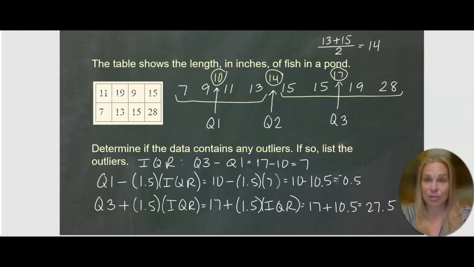Okay, so now to determine if I have any outliers, I need to see if I have any values that are less than this or greater than this.